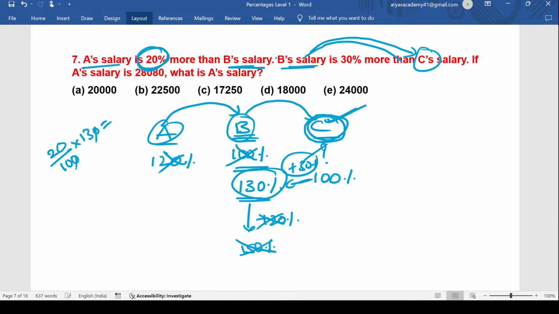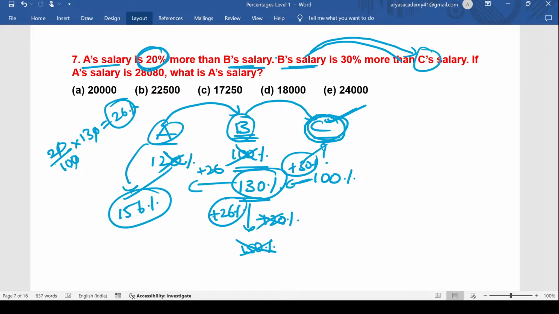If you calculate, it is actually 26, not 20. So you should not add 20, you have to add 26. So if 130 is added to 26, the value of A in terms of percentage is 156%.